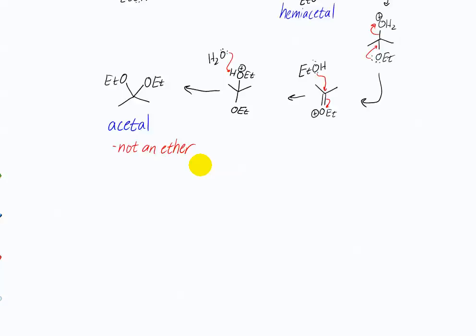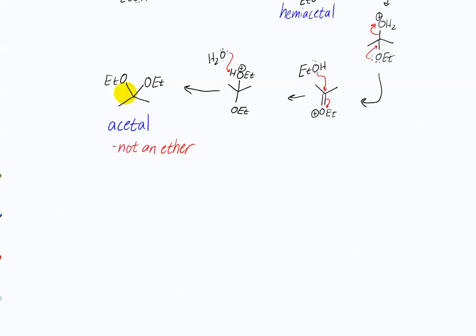And you see something like that being made, it's easy to see that as an ether. But it's not an ether, and it can't be made using normal ether chemistry. The thing to look for is one carbon with two oxygens connected to it. If there are two oxygens connected to a single carbon, that is not an ether, that is an acetal. No matter what else is connected over here, that is an acetal at that carbon.